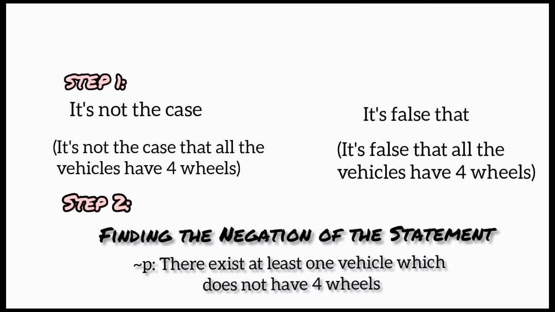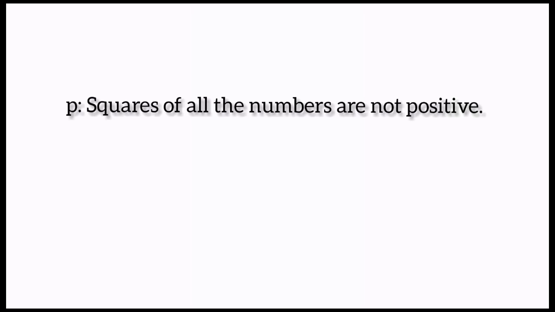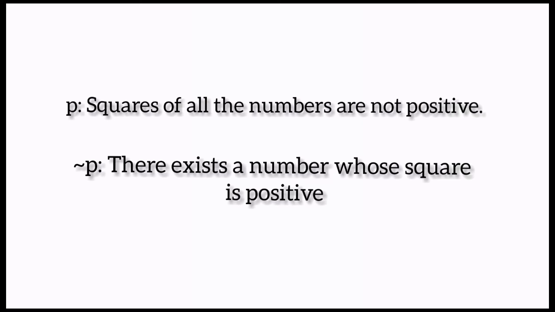This is the negation of the statement. Let's take another example for better understanding. Squares of all the numbers are not positive. Here we are talking about a group of numbers, hence the negation would be there exists a number whose square is positive.